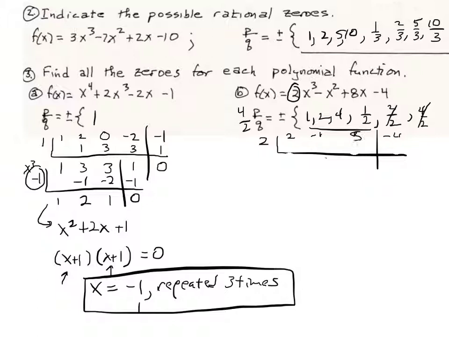Again, this is 8 and -4 down here and -1. Okay, cool. So I bring down the 2. 2 times 2 is 4. -1 and 4 is 3. That makes 6. 14. 28. Whew. 2 doesn't work. Alrighty, let's try another one.